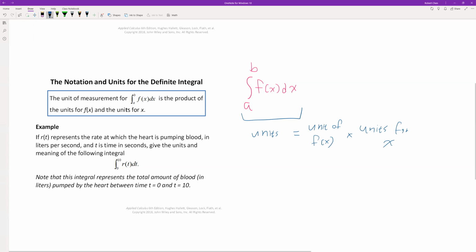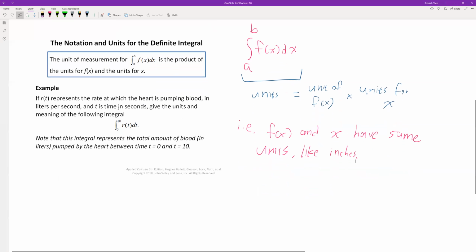Let's look at a quick example. Let's say f of x and x have the same unit, like inches.